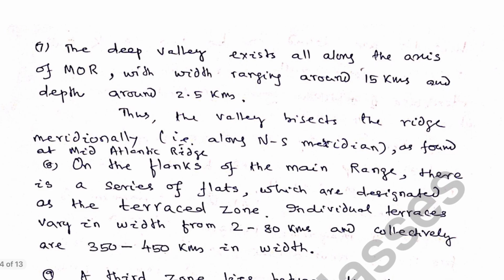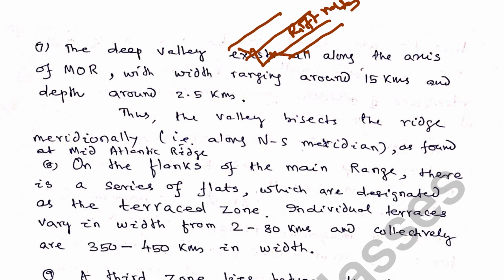If we see any mid-ocean ridge, it is found to present a centrally sunken valley. This is a rift valley. And we find a symmetrical arrangement of valleys on both sides of these mid-oceanic ridges.